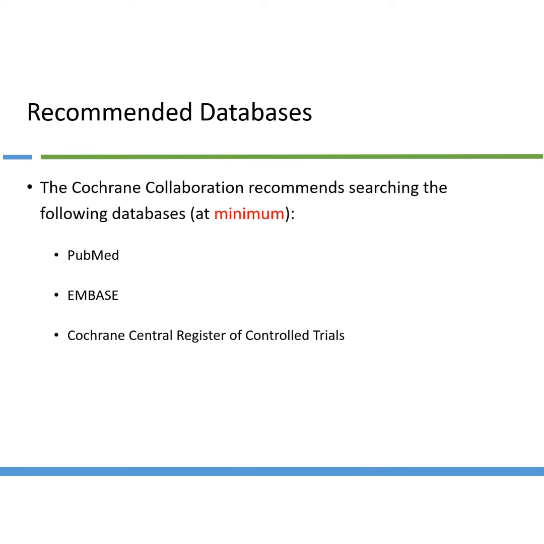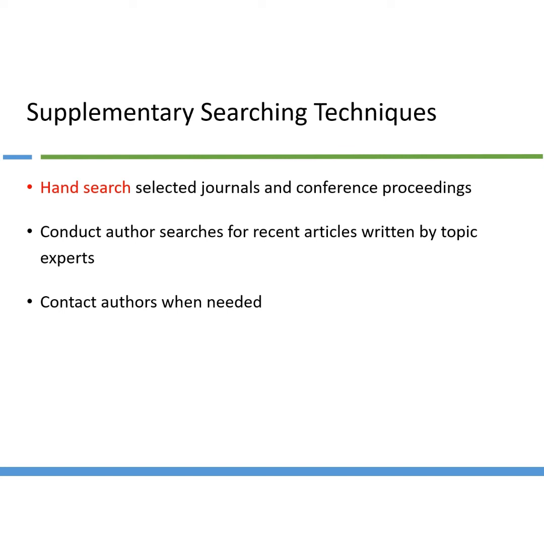Recommended database. The Cochrane actually recommend at minimum these three databases: PubMed, Embase, and Cochrane Central Register for Controlled Trials. You can supplement your search, or you should supplement your search. It's not actually optional. Hand searching for selected journals and conference proceedings. Conduct author searches for recent articles written by topics and experts in the field.